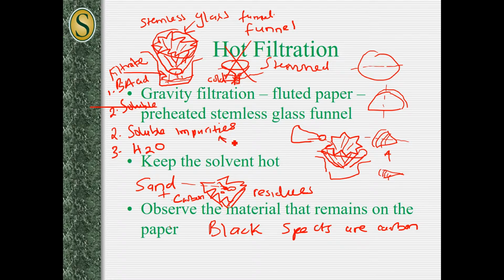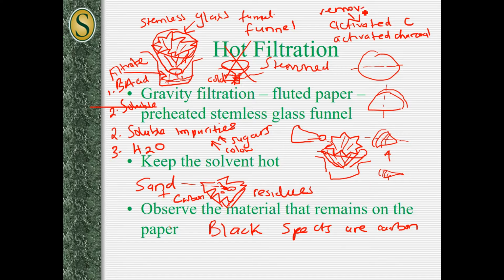What are the soluble impurities? Soluble impurities might include other sugars. Sugars are soluble in hot or cold water, and could also include color. But I don't expect color to be there. Why? The very first reason we mixed benzoic acid with activated carbon, which is just activated charcoal, is to remove color. The activated carbon removes color.